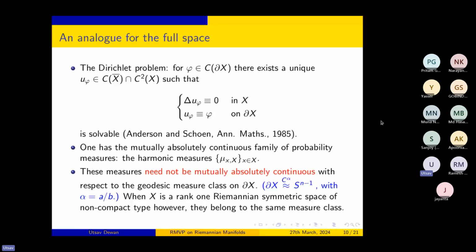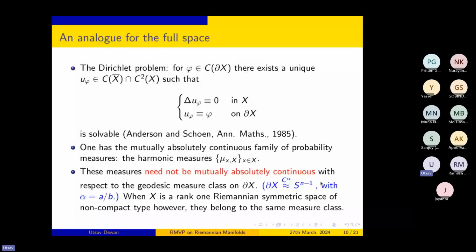That is what you call the geodesic measure class. With respect to different origins you get a class, because here, as in the harmonic measure case, it depends on the interior points. But these measures need not be mutually absolutely continuous.